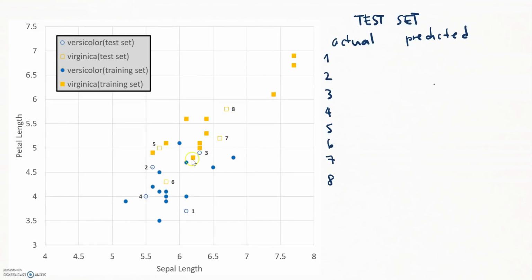Four of them in the test set have the actual classification of versicolor, and 4 of them have the actual classification of Virginica. So let's write them down.